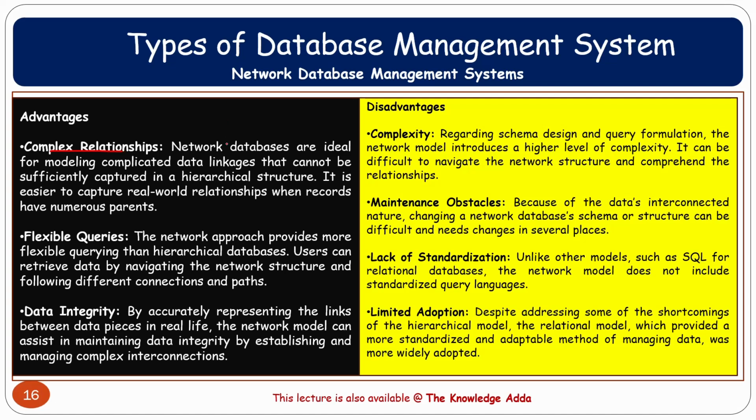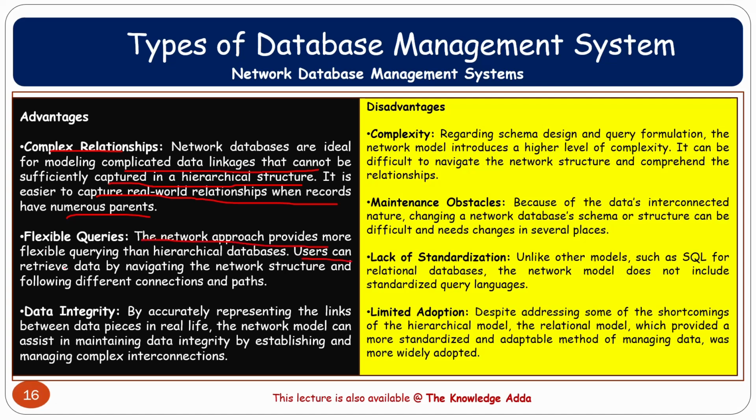Network databases are ideal for modeling complicated data linkages that cannot be sufficiently captured in a hierarchical structure. It is easier to capture real-world relationships when records have numerous parents. The network approach provides more flexible querying than the hierarchical database.